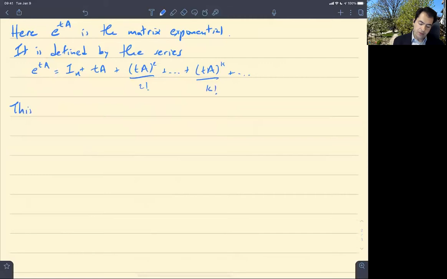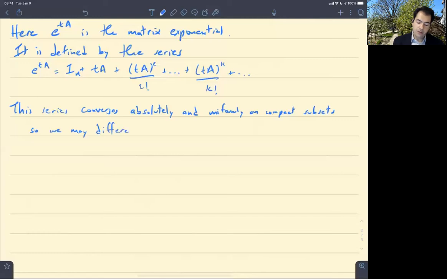This series converges absolutely and uniformly on compact subsets, so we may differentiate it term by term.